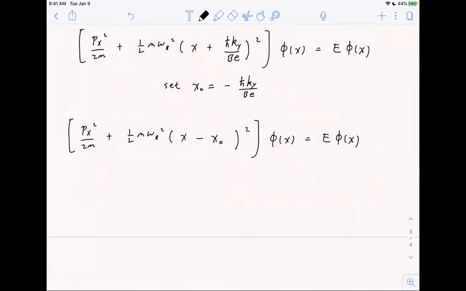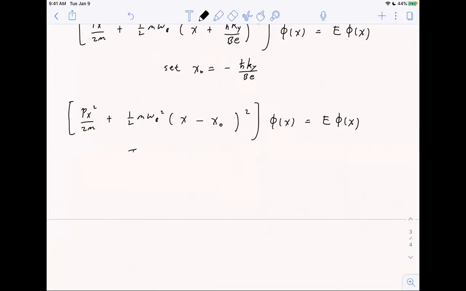Here, you can see that p is an operator, x is an operator, and all the others are just numbers. Okay, and this is the form of a simple harmonic oscillator.